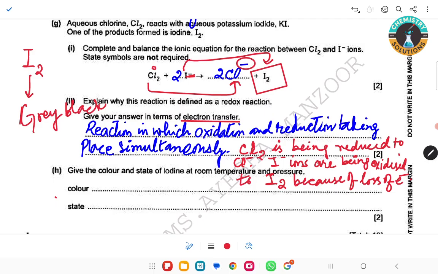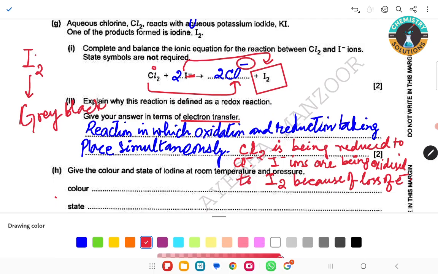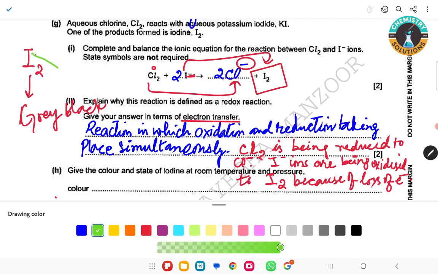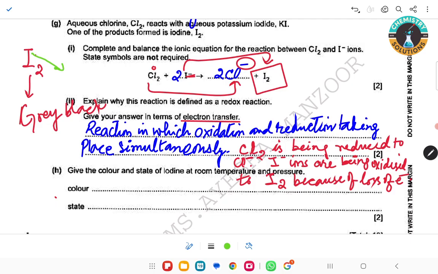But if iodine is in aqueous form, it is brown, red brown, or the word brown is used, or in gaseous form it is purple. So the color of iodine at room temperature and pressure is gray black, or dark gray. State is solid.